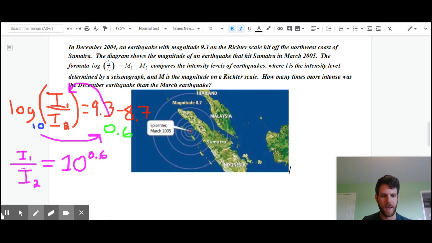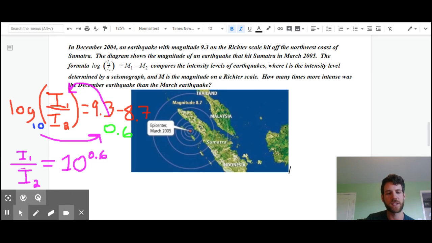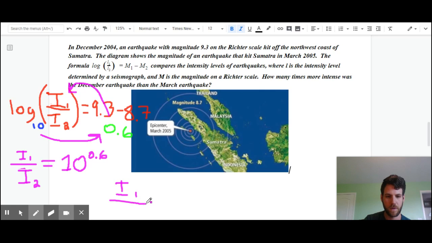Now 10 to the 0.6 equals 3.98. So that means that that fraction of I1 over I2 is going to be equal to 3.98.